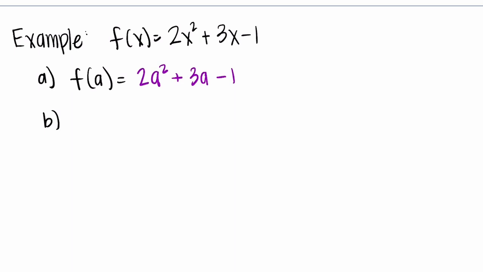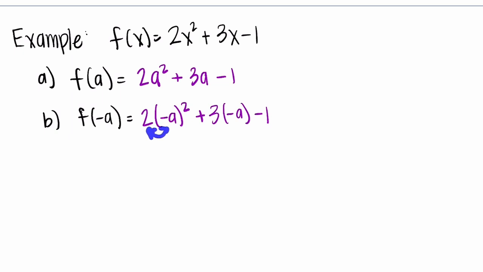I could also say something like, let's find f of negative a. So I'm going to replace my a's with a negative a. So 2 times negative a squared plus 3 times negative a minus 1. Am I going to multiply the 2 and the negative? Is that what I start with, going 2 times, this would be a -2? Is that how we start? So make sure order of operations.